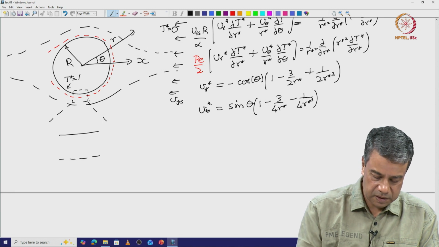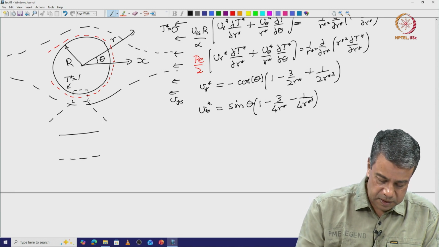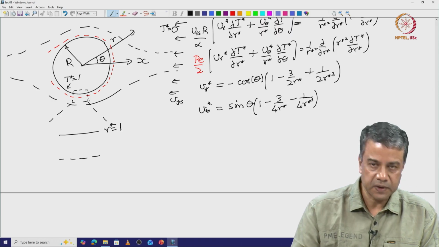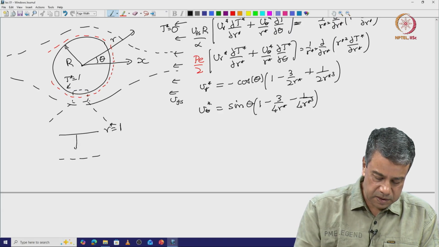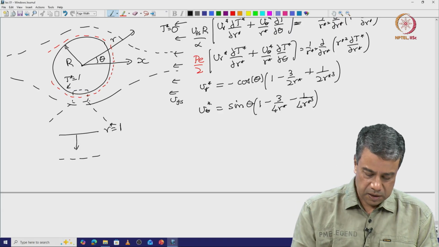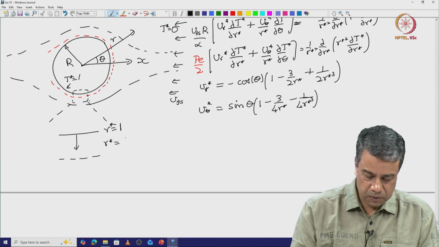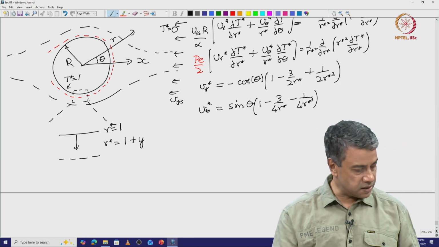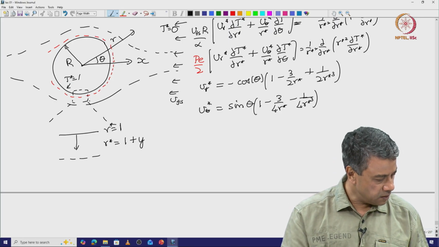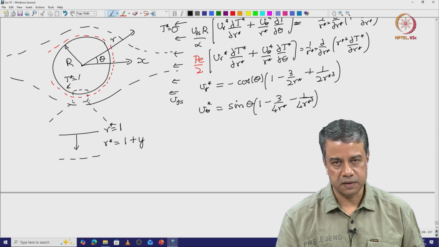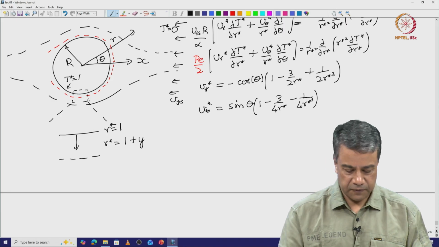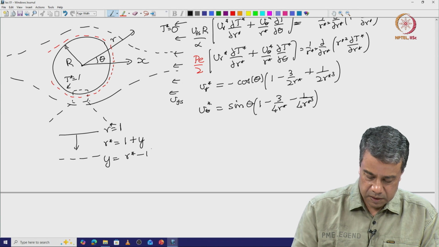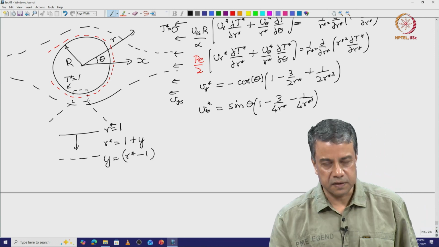This location is r star equal to 1. If I go a small distance away, r star is equal to 1 plus y, where y is the distance from the surface. Therefore, y is equal to r star minus 1.